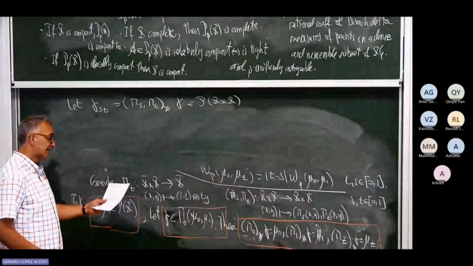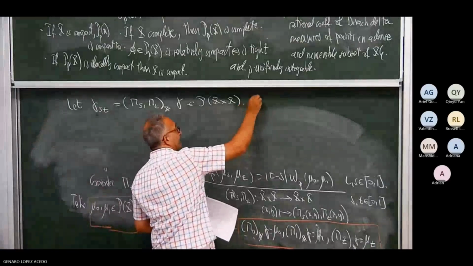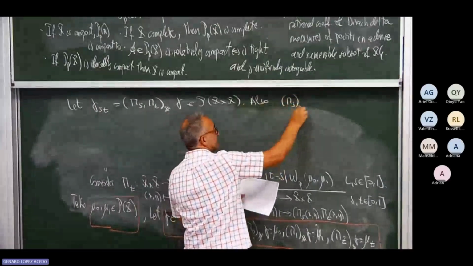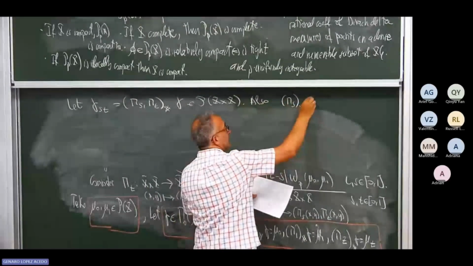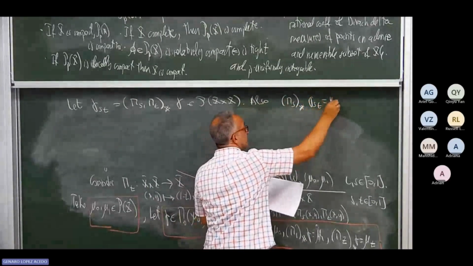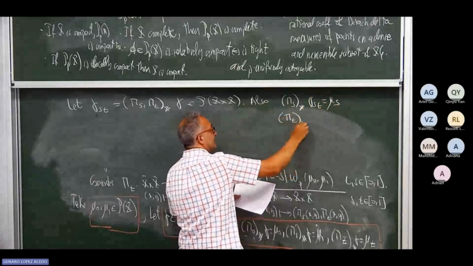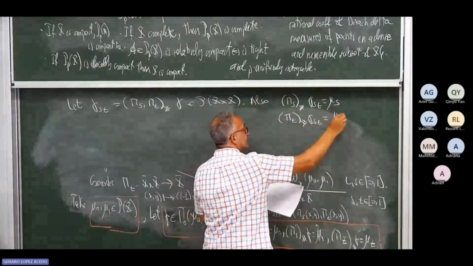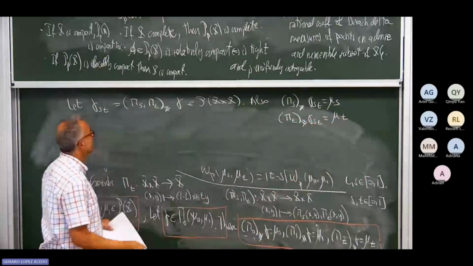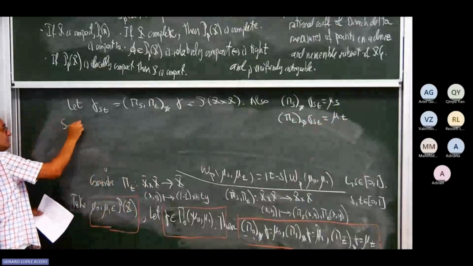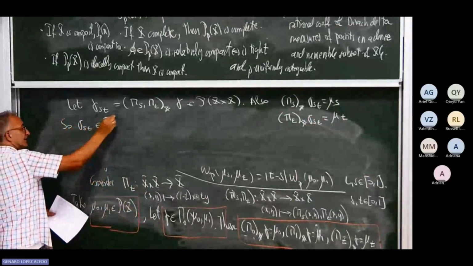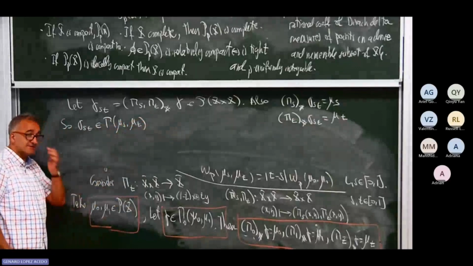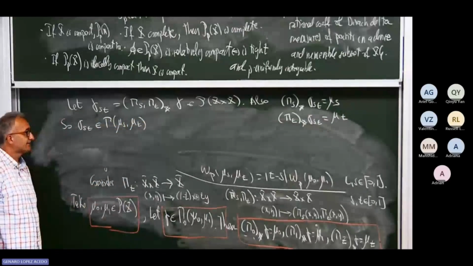Then also P_s push forward of gamma_st is equal to mu_s, and P_t push forward of gamma_st is equal to mu_t. So gamma_st belongs to the family of couplings between those two measures, right?